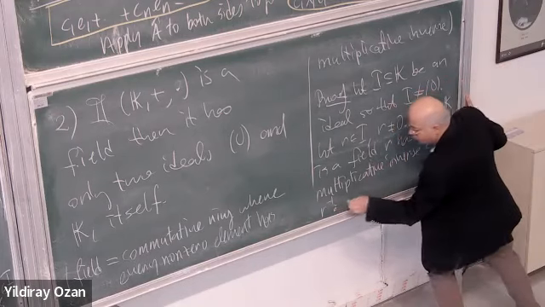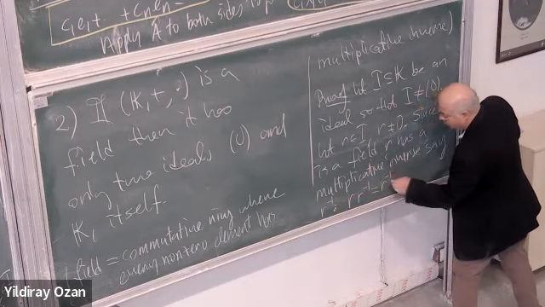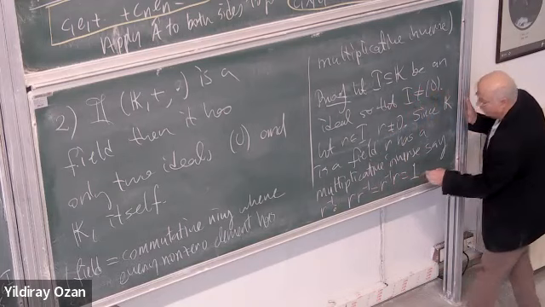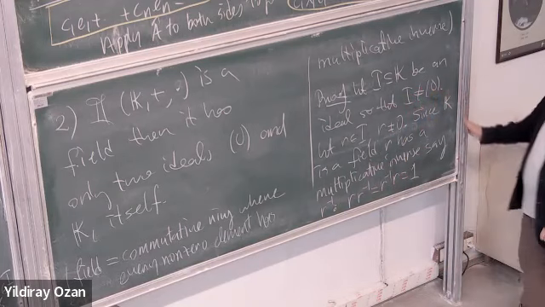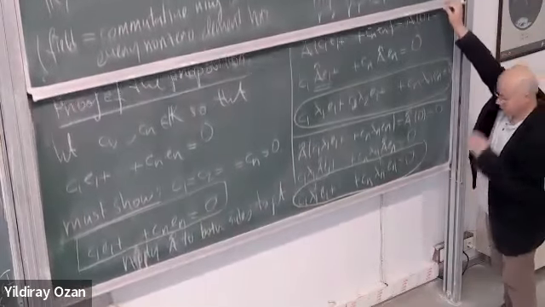So what we know is r times r to the power minus 1 is just 1. Okay?